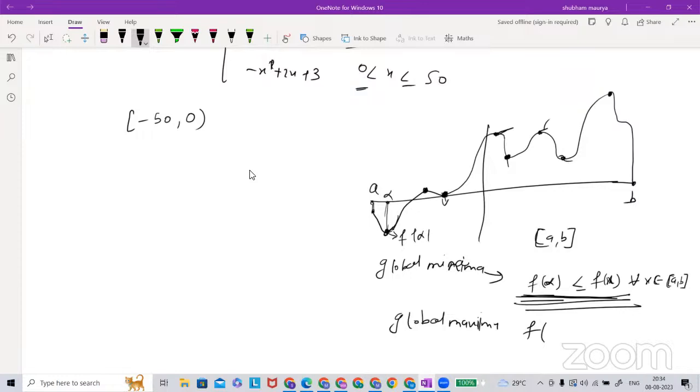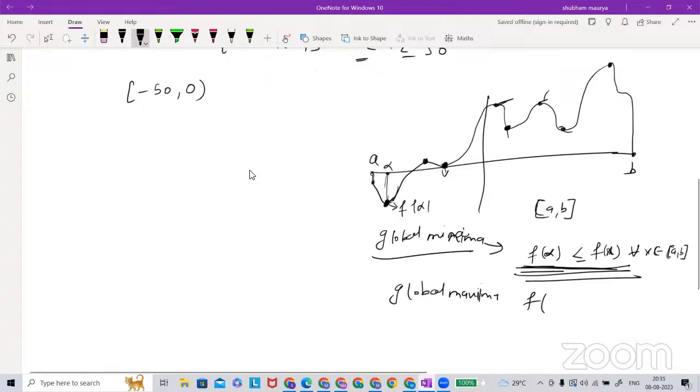But this f alpha value is less than all the values if you compare, at least in this interval a to b. The function has its minimum value here compared to all the values the graph is representing. This is the global minima.